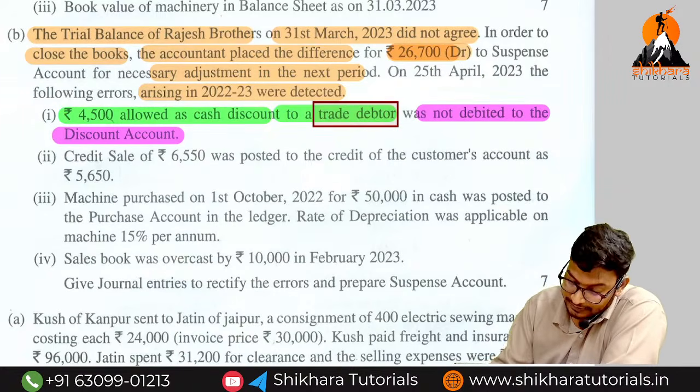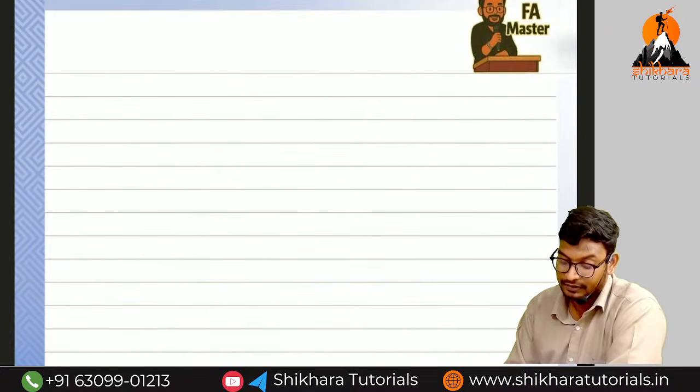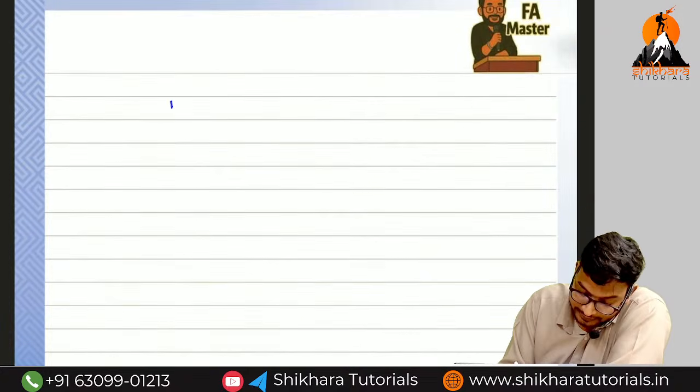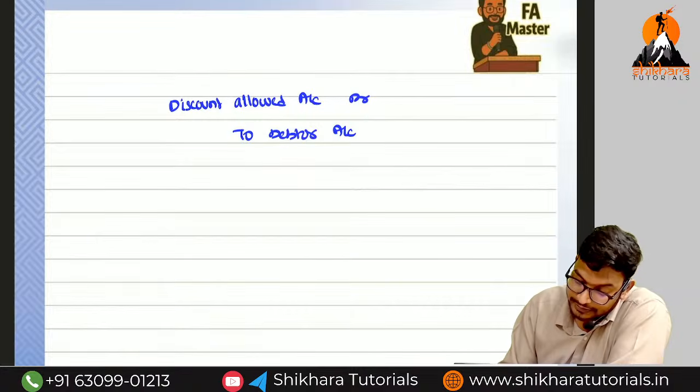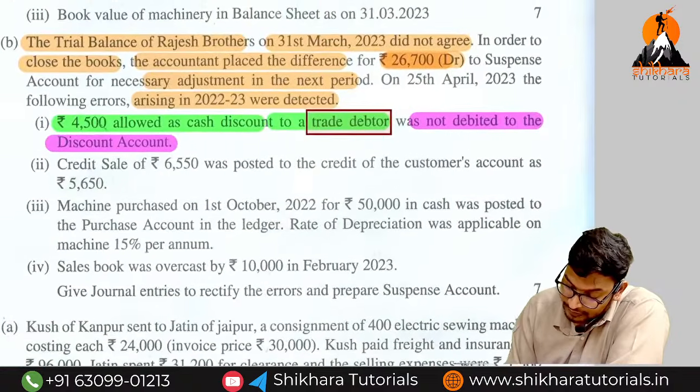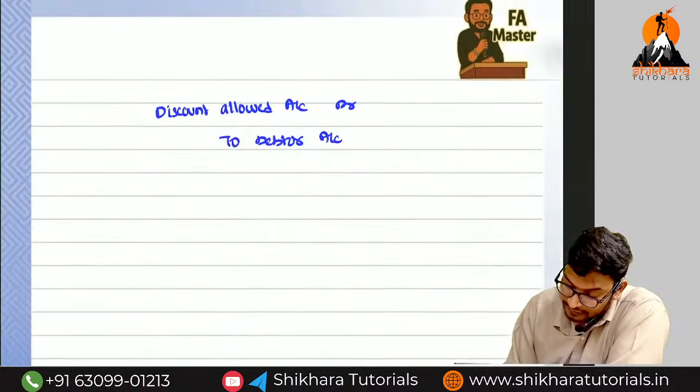So simply I will take it here. See here, what is the entry? Discount allowed account debited to debtor account. The amount is rupees 4,500.